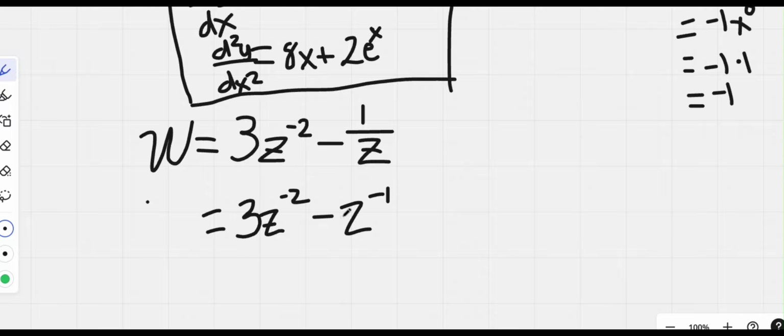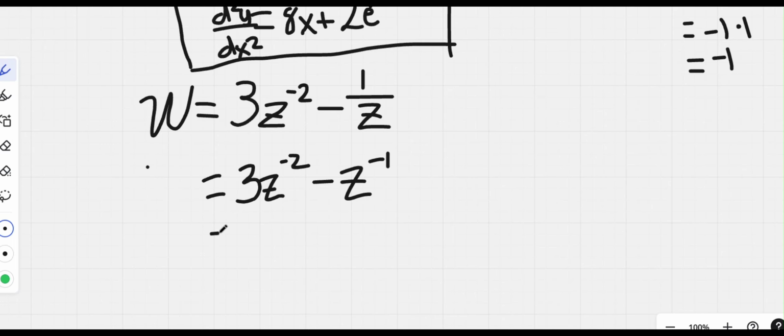So as we know, when a variable is the denominator, it is raised to the negative power of whatever the power here is. So z is raised to the power of 1. So to change it from a fraction to a regular number, it's just going to be z to the negative 1. All right. Now we're going to apply the power rule for finding the derivative.